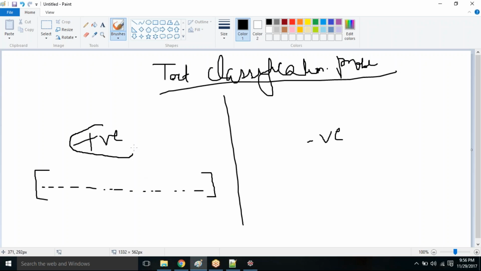where for the review which was of positive sentiment, all the words, like 400 words were there, are now converted into some values.